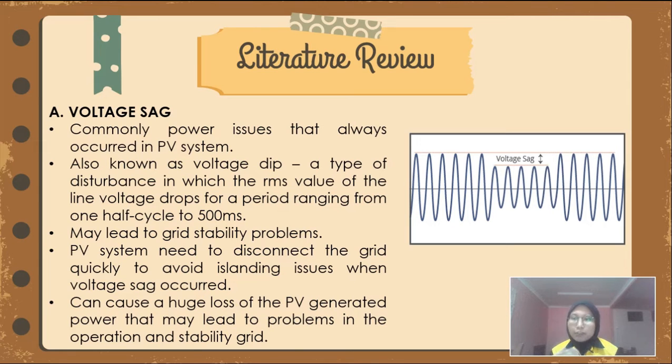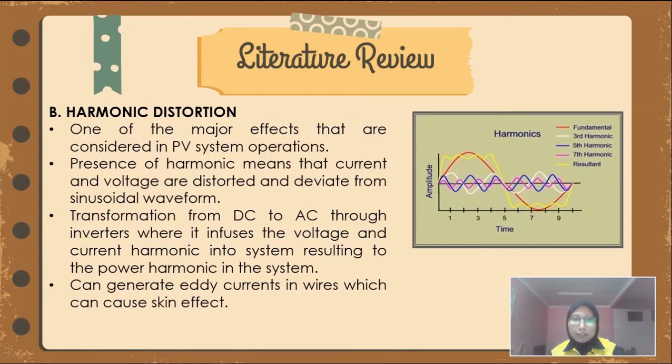The PV system needs to disconnect from the grid quickly to avoid islanding issues when the voltage sag occurs. It can cause a huge loss of PV generated power that may lead to problems in the operation and stability of the grid. The figure shows the waveform of the voltage sag.